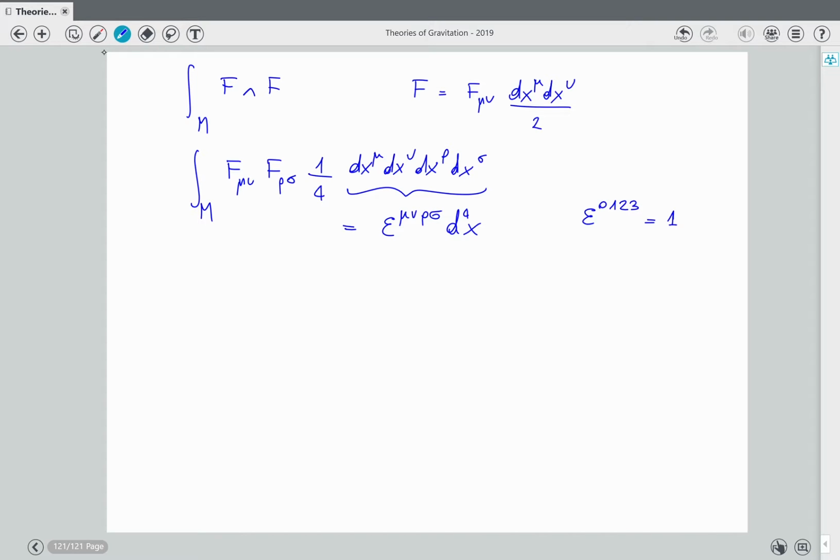So that object becomes 1 over 4 integral on M of F mu nu F rho sigma epsilon mu nu rho sigma d4x.